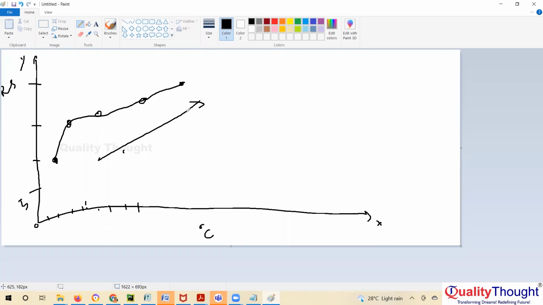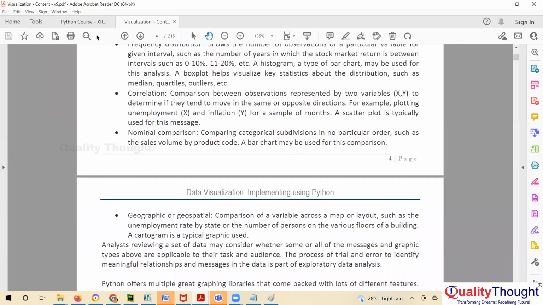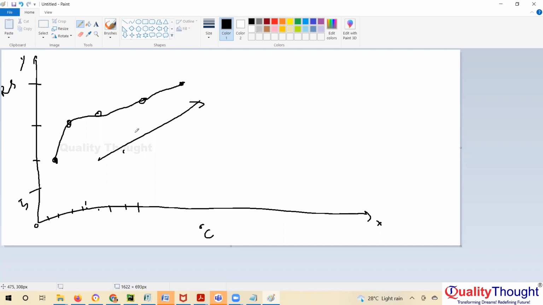So now you see, correlation is telling us the relationship between x and y: temperature versus sales, number of hours you study versus marks you obtain. That's called correlation plot. You're comparing 2 variables. And what we just drew is called scatter plot.